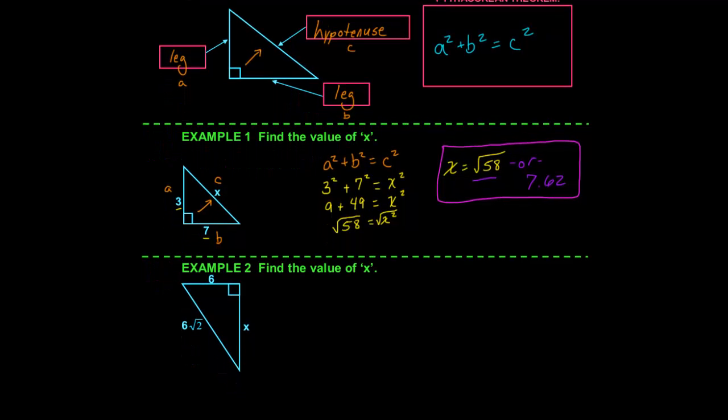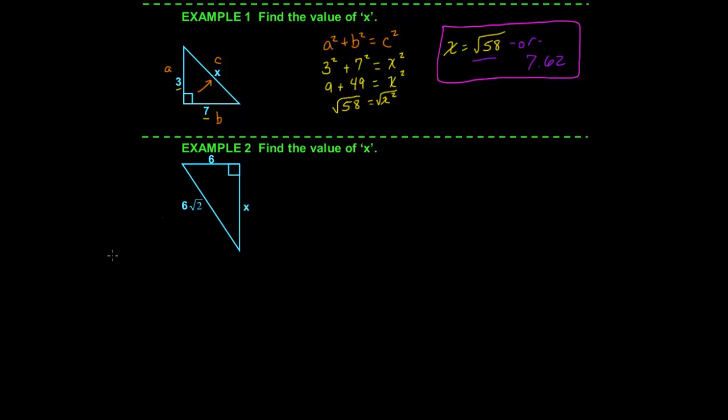Moving down a little bit. Example 2. Well, let's look. We've got some interesting numbers that we're going to be dealing with here. So here's our c, and it doesn't matter, we're going to go ahead and label a and b.